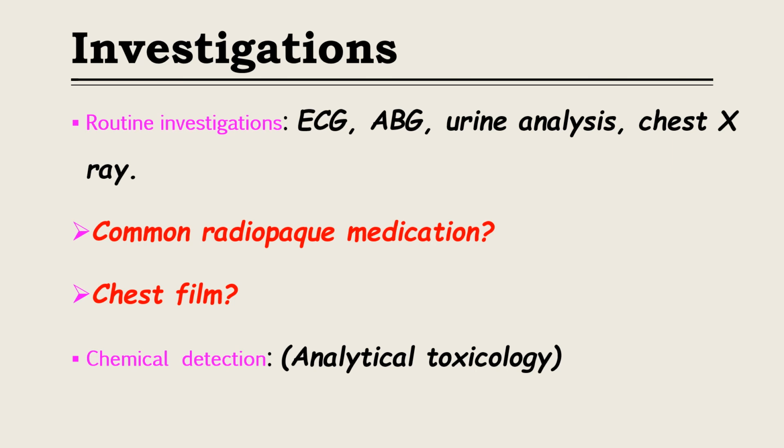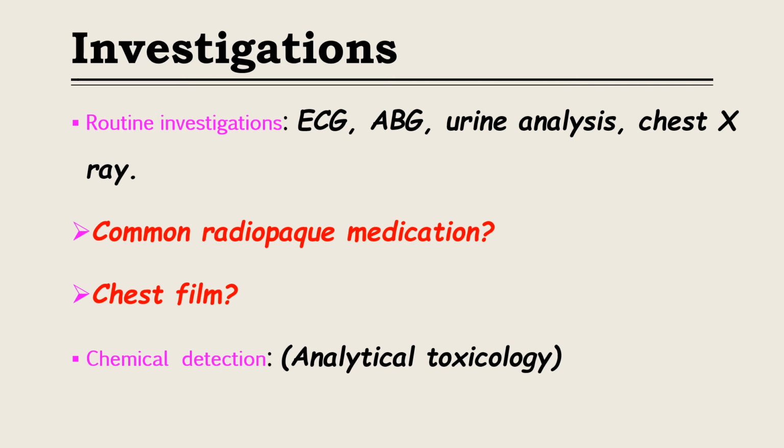So investigations are divided into two main types. We have toxicological investigations and we have routine investigations. And routine does not mean that you have to do all these investigations for each patient.